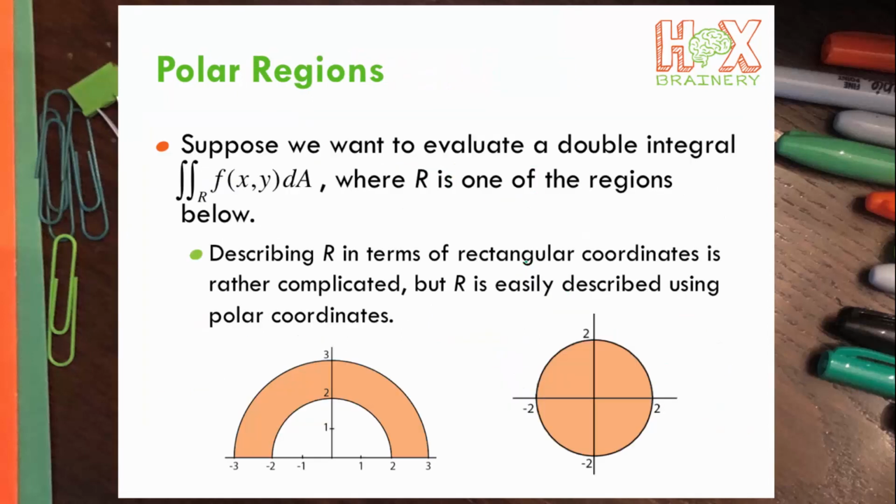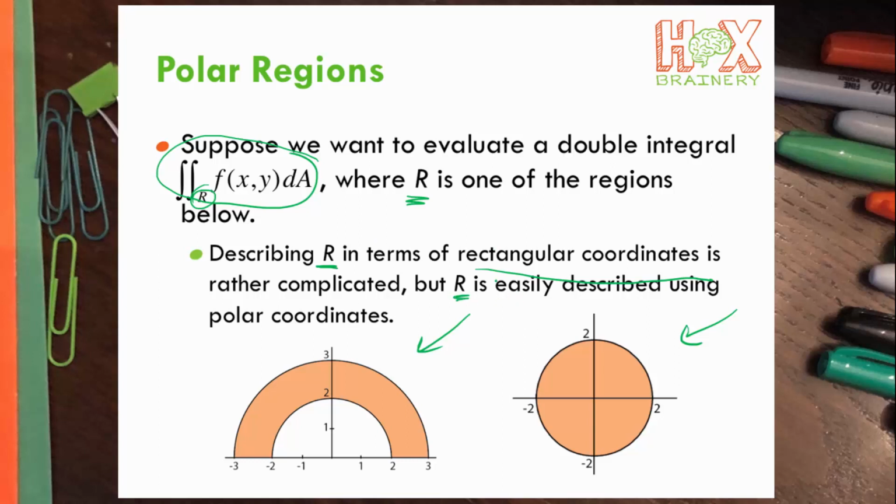All right, so polar regions. Suppose we want to evaluate a double integral like this over region R, where R is one of these regions below. If I wanted to describe R in terms of rectangular coordinates, it would get really messy. It's rather complicated.